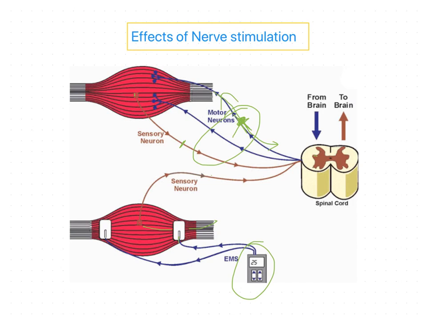If you are stimulating at this point, the electrical impulses will move this way and this way. That means the downward impulse doesn't have any effect, but the upward traveling impulse is appreciated when it reaches the conscious levels of the brain.